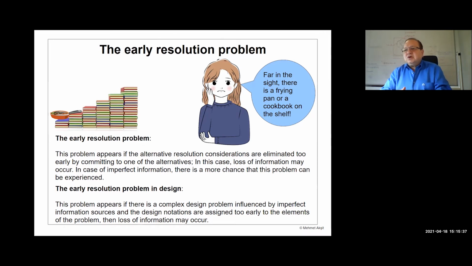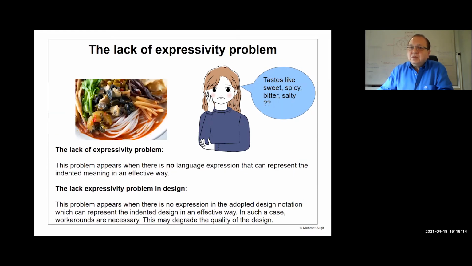For example, if you are doing object-oriented design, you are not sure about whether it should be an object or an attribute or association, and you make a choice and say, okay, this thing is a class, for example, in object-oriented notation. The uncertainty is actually there, but you make your choice, and inevitably, of course, you lose information, especially if it is committed too early without knowing the details of the problem.